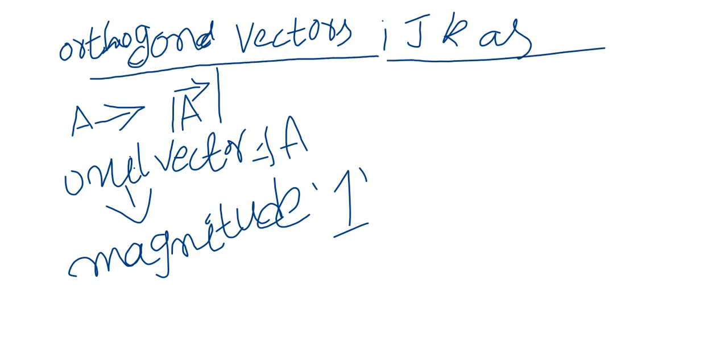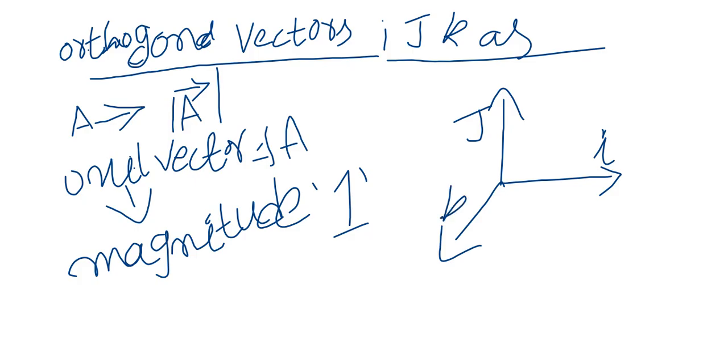So I is in the x direction, J is in the y direction, K is in the z axis. We call these orthogonal vectors.